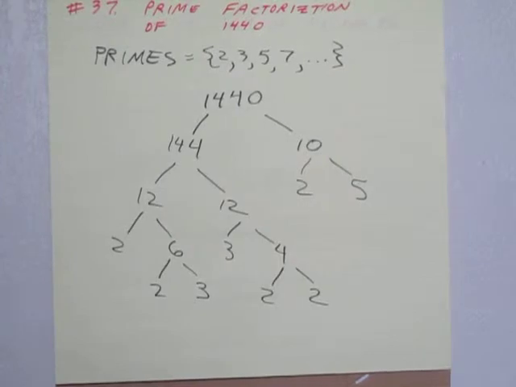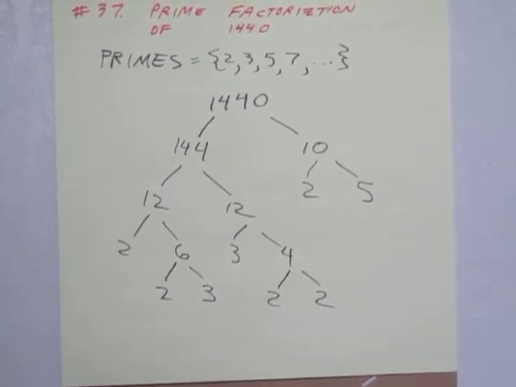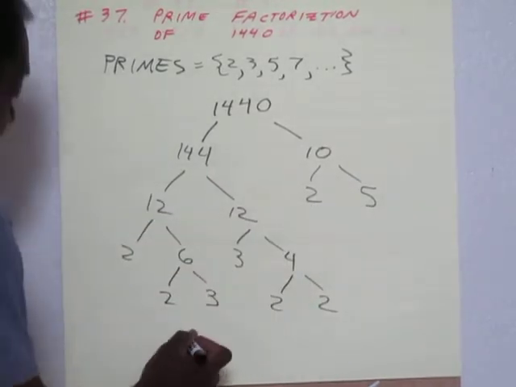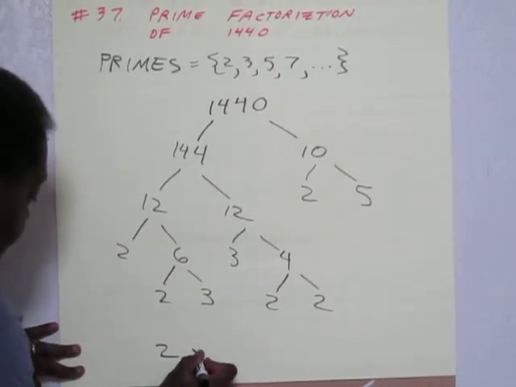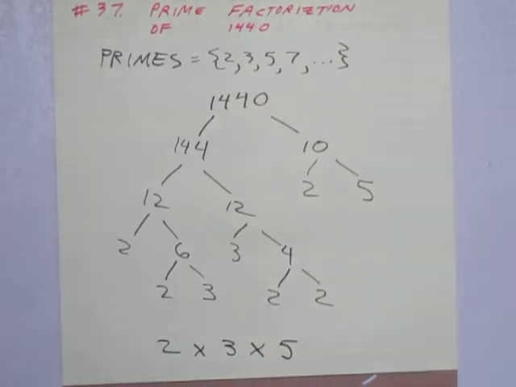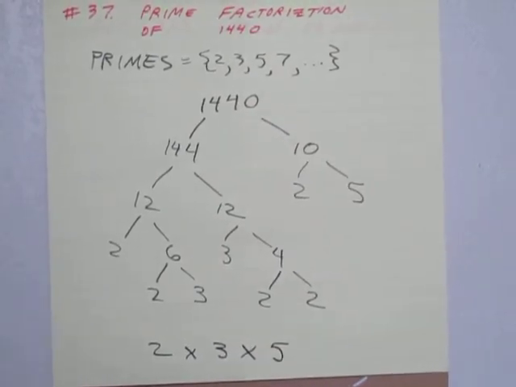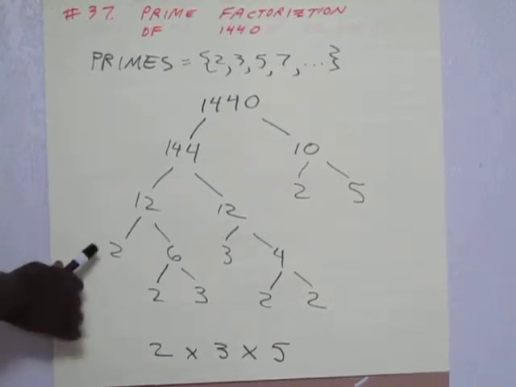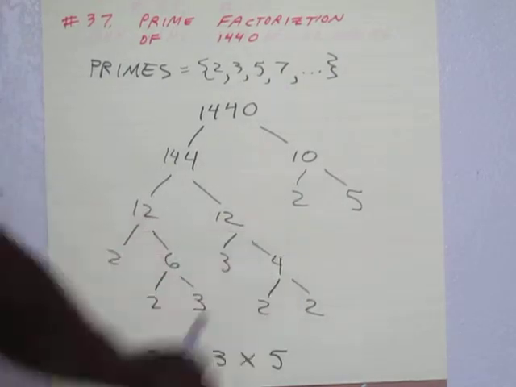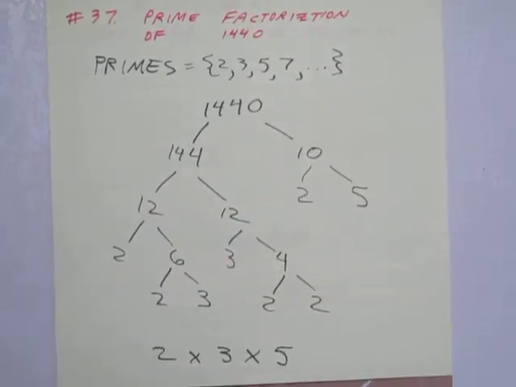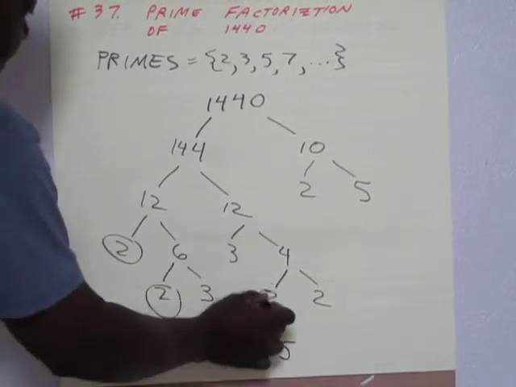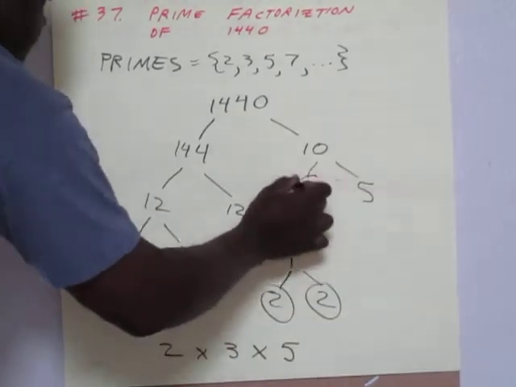Now, I want to give the prime factorization as a product, and I notice that all of my factors are 2s, 3s, and 5s. Count the number of 2 factors. 1, 2, 3, 4, 5. Now let me check that. 1, 2, 3, 4, 5.